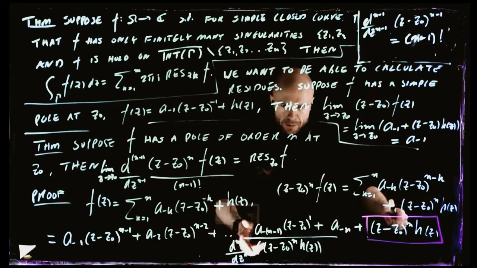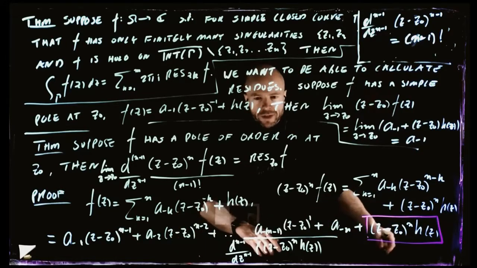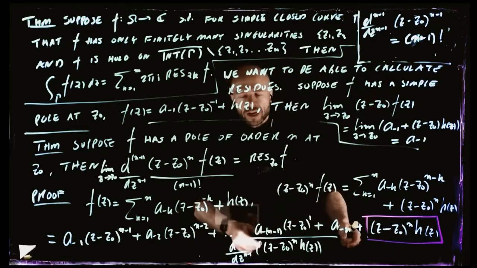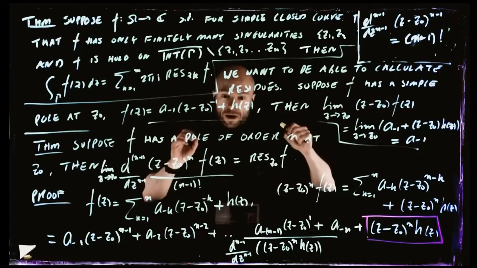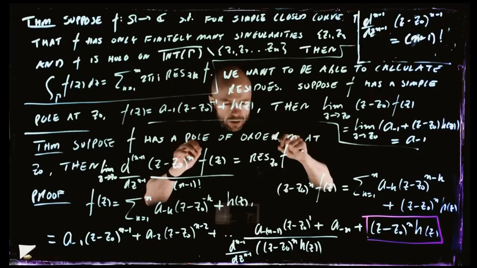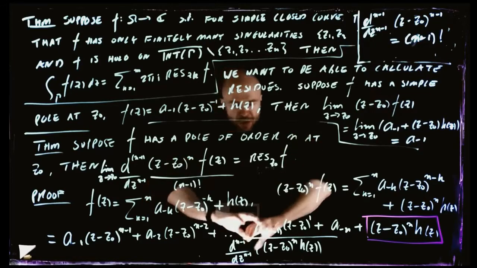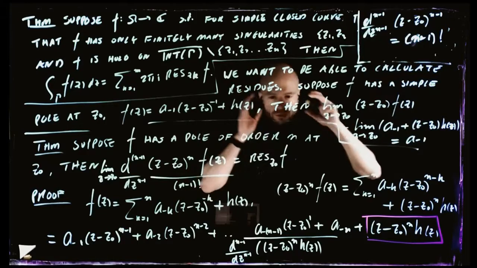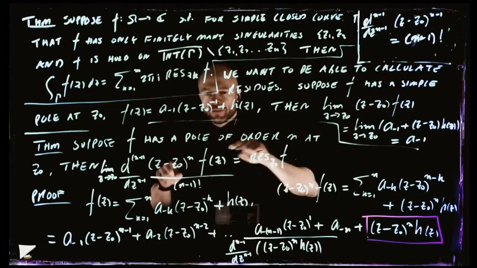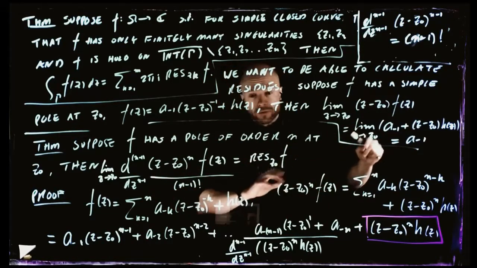That's what will happen every single time. So when we differentiate all n minus 1 times, we're still going to have a factor of (z minus z0) to the power 1 in all of the terms. It'll spread out like a massive, messy thing, but every single term will have at least the power of (z minus z0) to the power 1 in front of it.